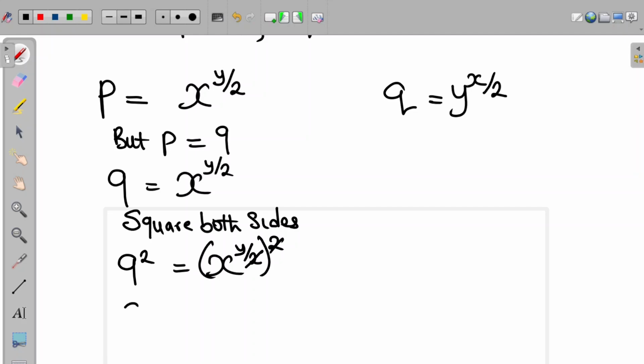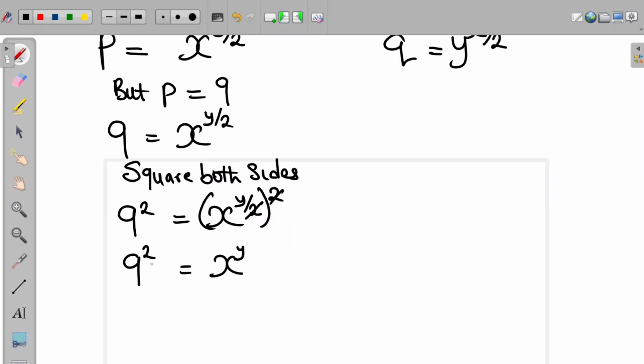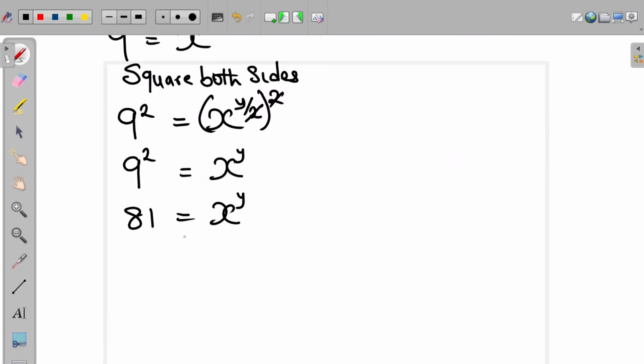We have that 9 raised to the power of 2 is equal to x raised to the power of y. So this can be written as 81 equal to x raised to the power of y. Now, if we express 81 in the base of 3, the equation becomes 3 raised to the power of 4 equal to x raised to the power of y. So at this point, x is equal to 3, y is equal to 4.